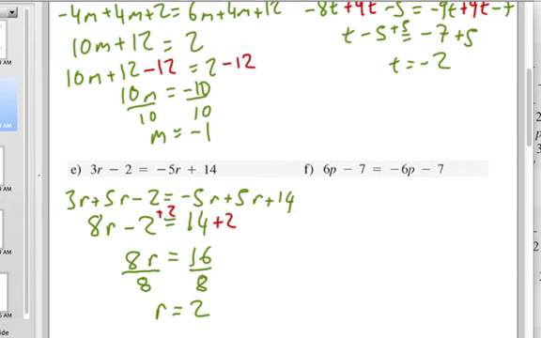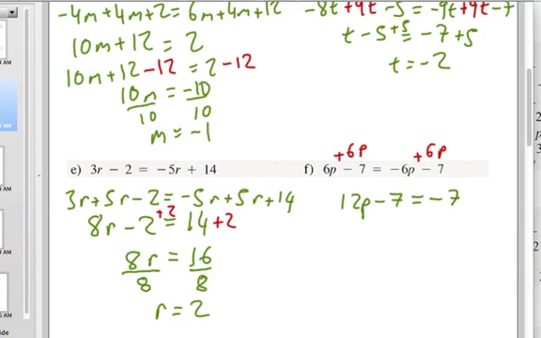All right, next question. We can add 6p to both sides of the equation. And when we do that, we get 6p plus 6p is 12p. Subtract 7 is equal to negative 6p plus 6p is 0. 0 subtract 7 is negative 7.